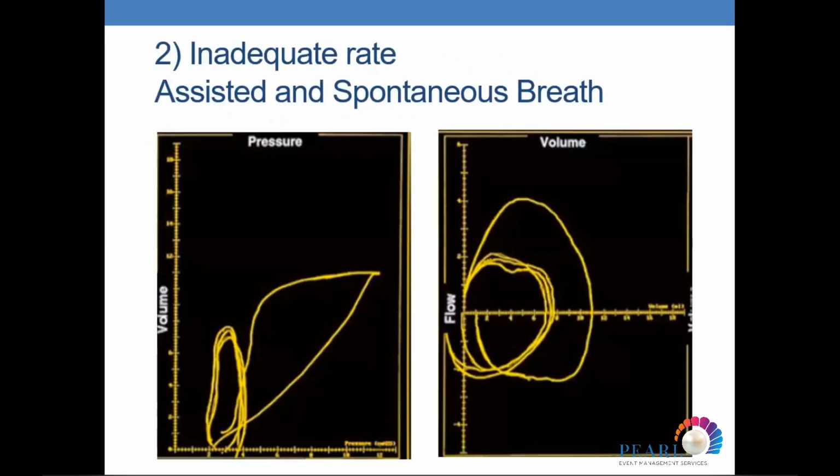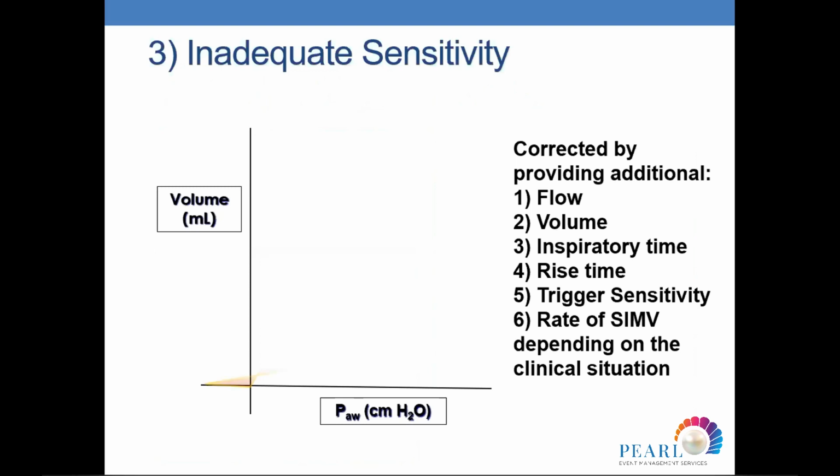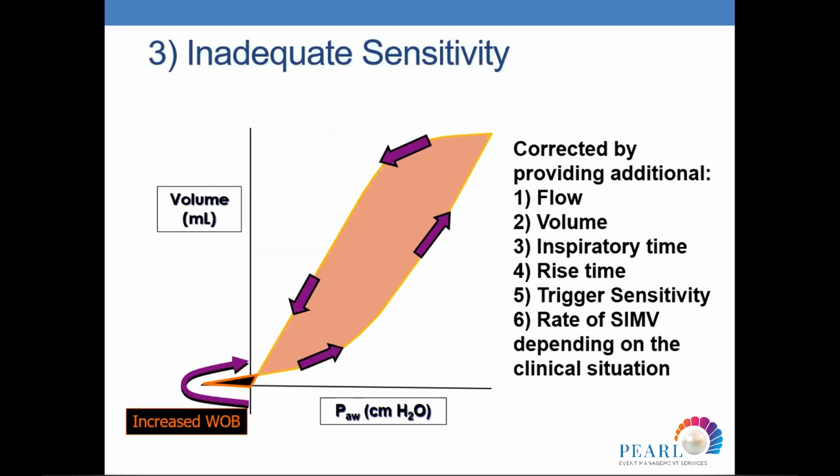You put him on SIMV without pressure support, so the baby himself is doing too much effort, and in between comes the mandatory rate. So it is inadequate rate in SIMV mode, or inadequate sensitivity. The problem is with the trigger; sometimes you set it to very low sensitivity.